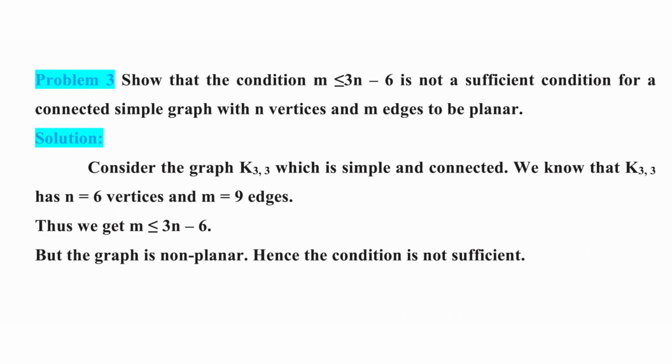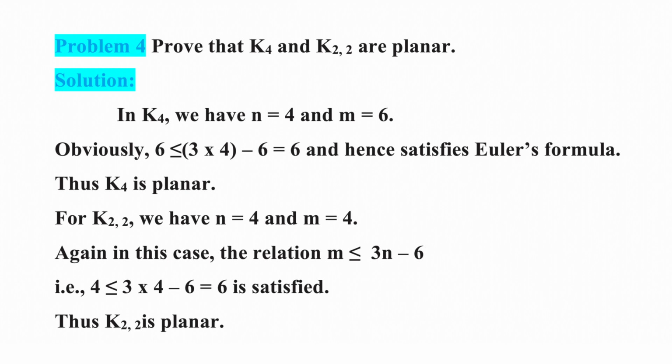We know that K3,3 has 6 vertices and 9 edges. Thus, we get m is less than or equal to 3n - 6, but the graph is non-planar, hence the condition is not sufficient.